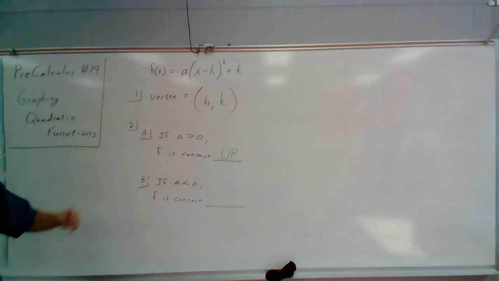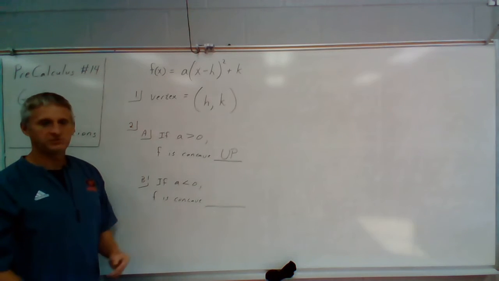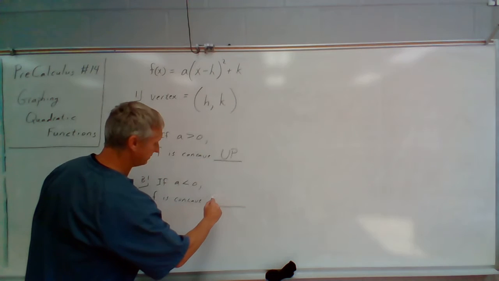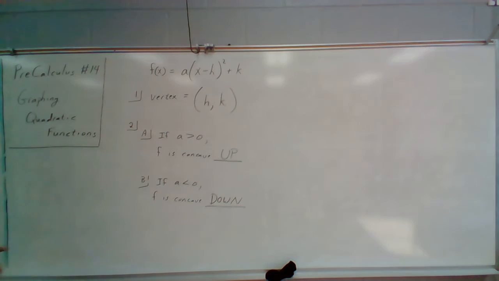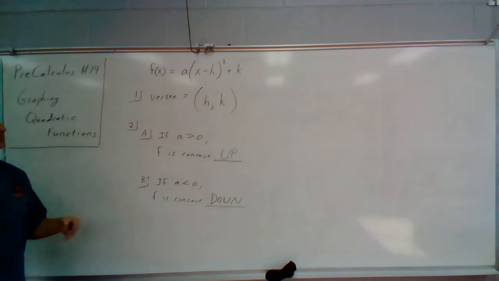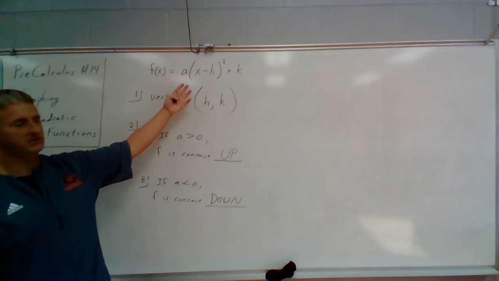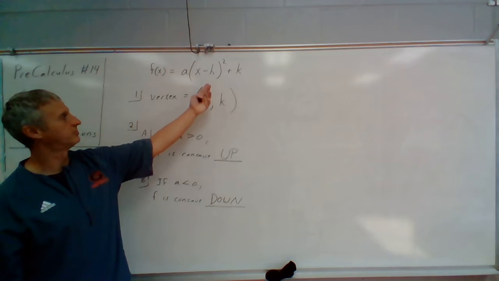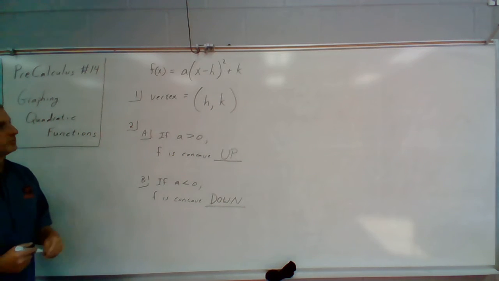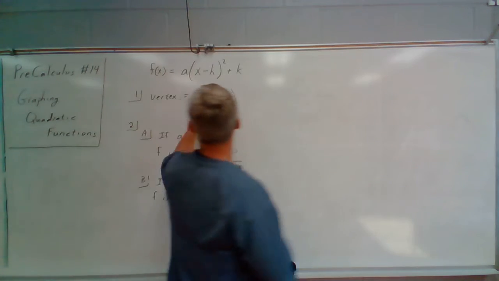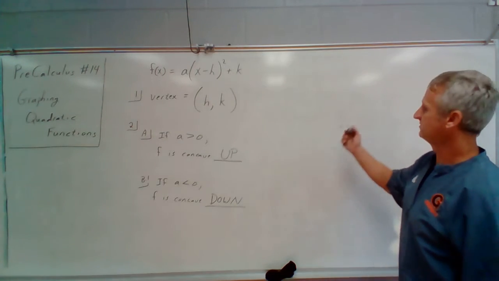If a is less than 0, if it's negative, the parabola opens down, so it's concave down. So those are two really important, fast pieces of information you can get about the parabola when it's written in this form. You can just look and know the vertex, and you can know real fast whether it opens up or opens down.